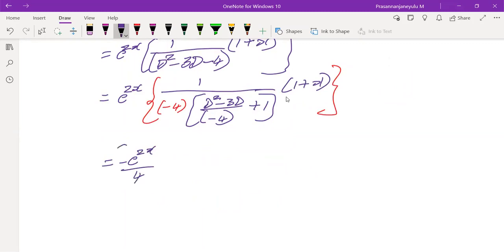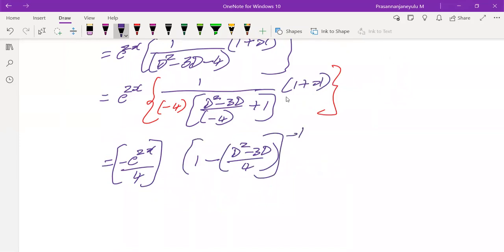Be very careful while you are writing these other things. Taking this part to the numerator, what is it going to become? 1 minus (d square minus 3d by 4), since the denominator minus 4 is there. Now I have written this as plus 4, so that the coefficient is getting like this, of whole power minus 1, of 1 plus x.